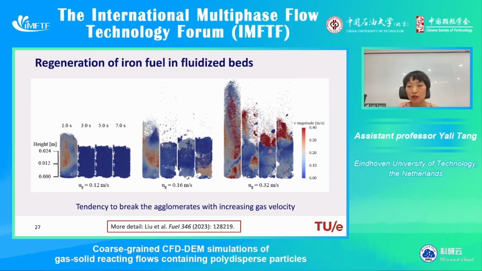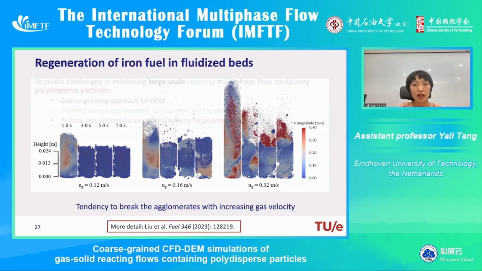So you can see that those particles really become very slow in motion there. So overall, we see that there is a tendency to break the agglomerates with increasing gas velocity. However, we still believe the temperature is the most crucial operating condition. Like I said, for more details of this numerical study, you can check out the publication.